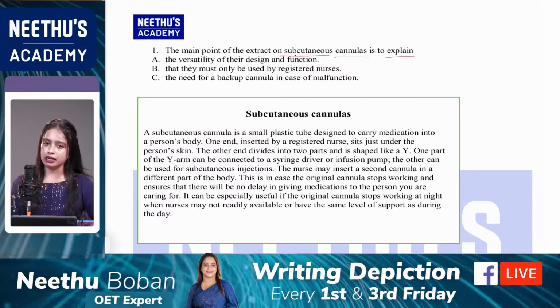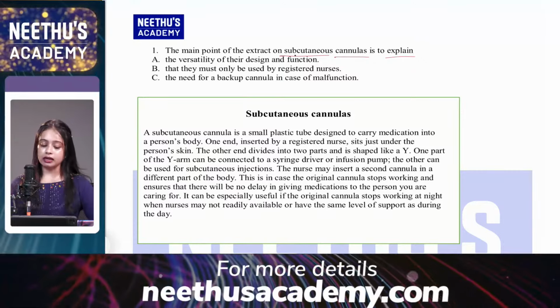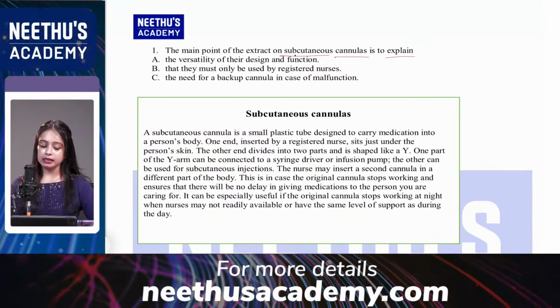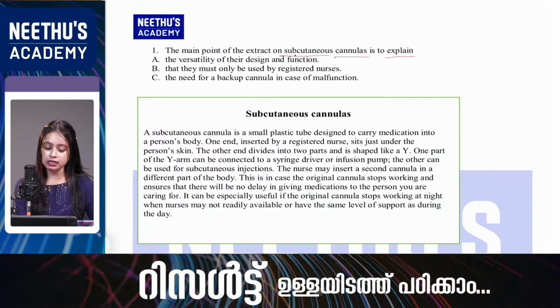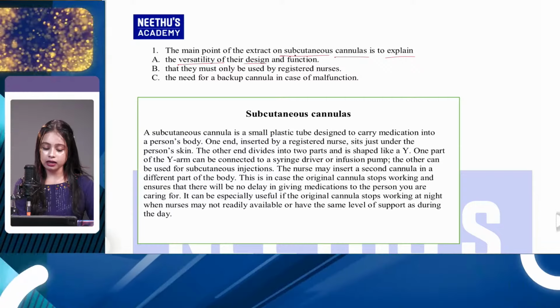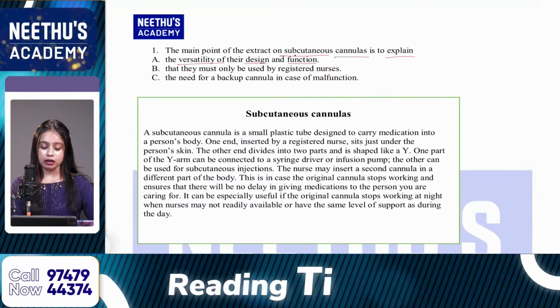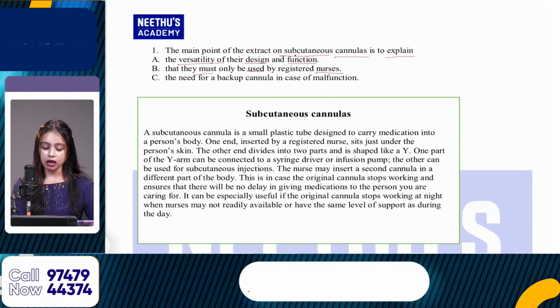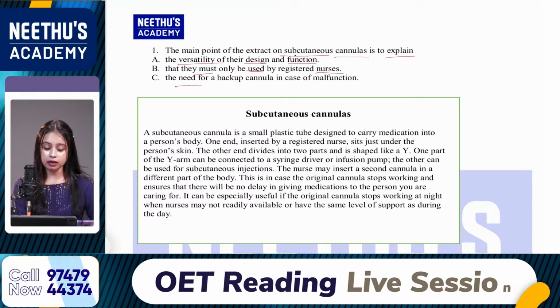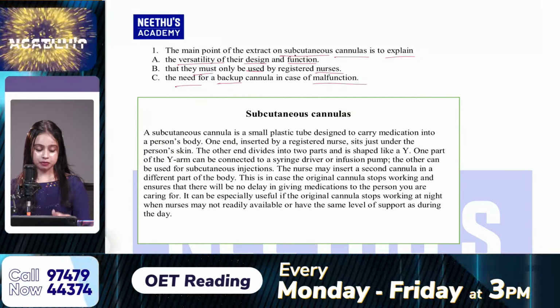So that is versatility of their design and function. And option B, that they must only be used by. So keywords from option A: versatility, design, function; from option B: only, used, nurses; and from option C: need, backup, malfunction. So these are my keywords.